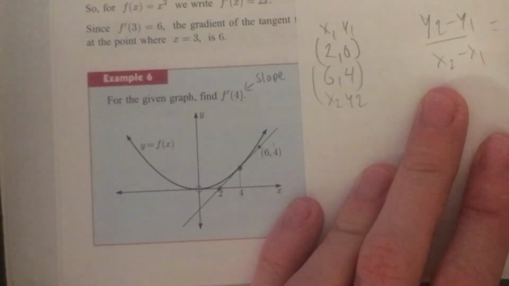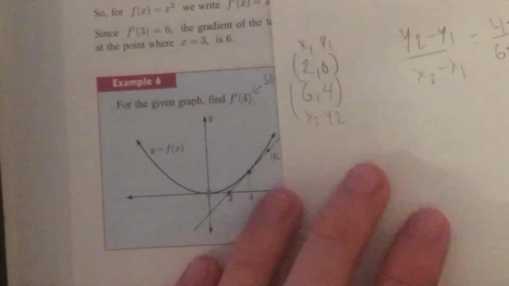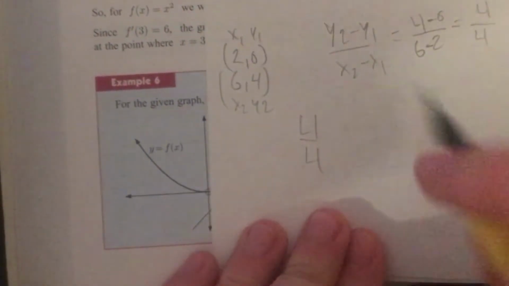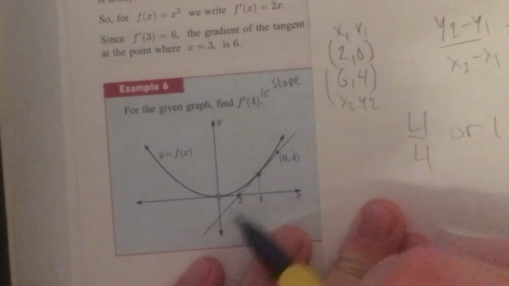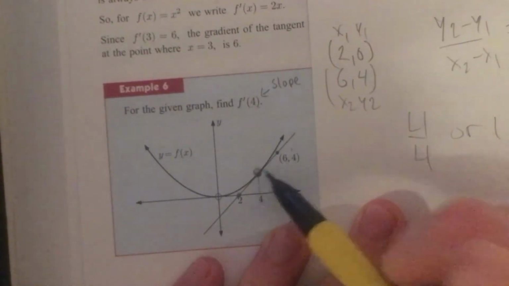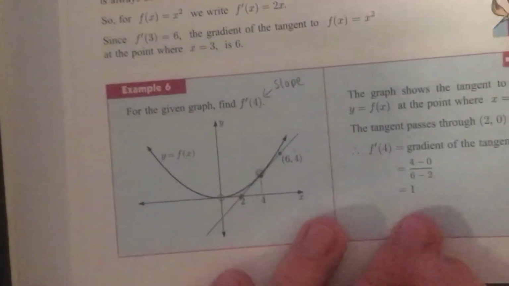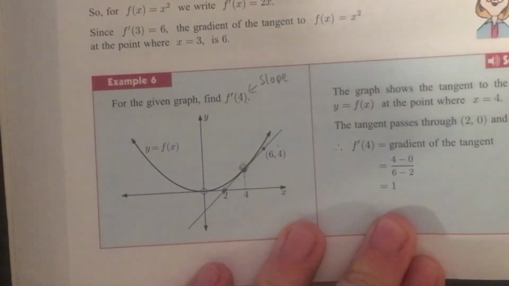So that's going to be 4 over 4, or 1. So if you take the gradient of this tangent line at the x value of 4, the slope, the derivative function there is going to give you 1. And you look there, and they've got that work posted right there.